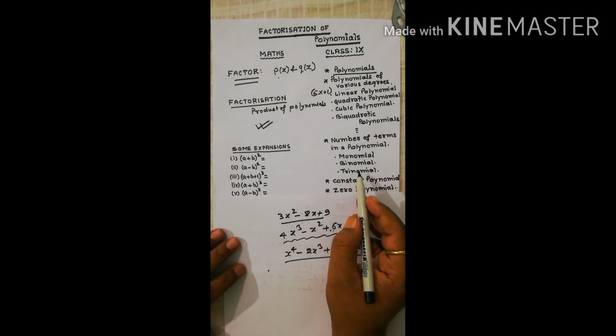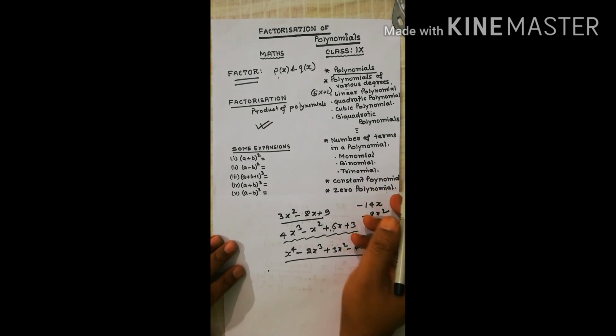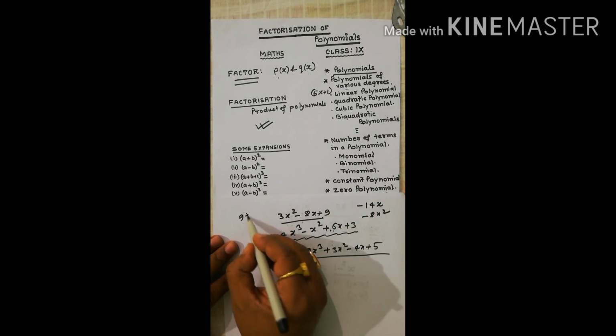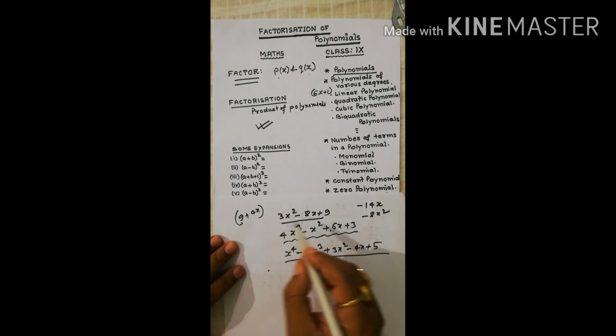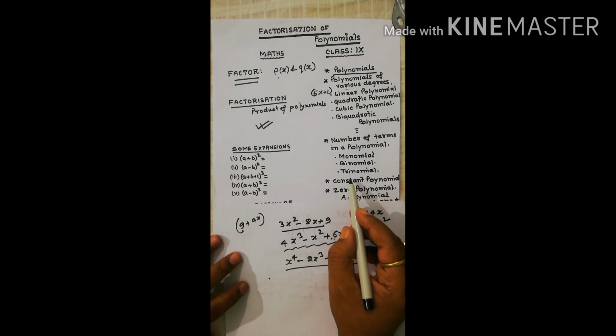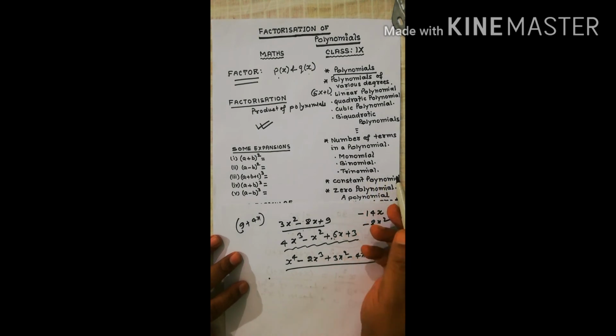Similarly, binomial: a polynomial containing two non-zero terms is called a binomial. 9 plus 4x, this is a binomial.